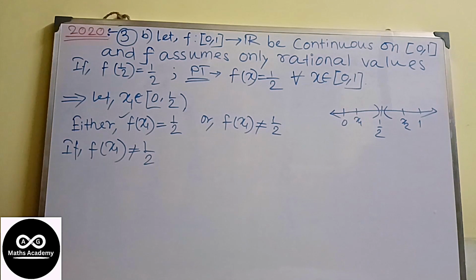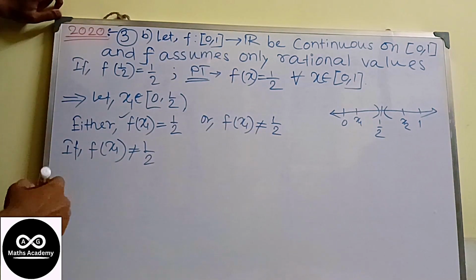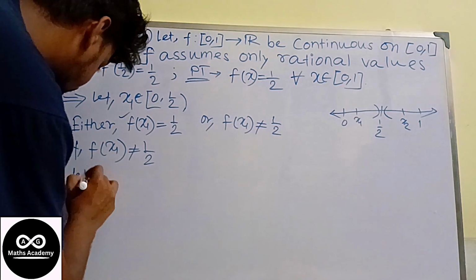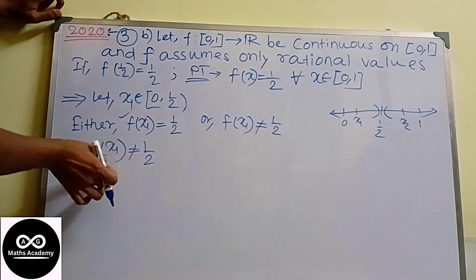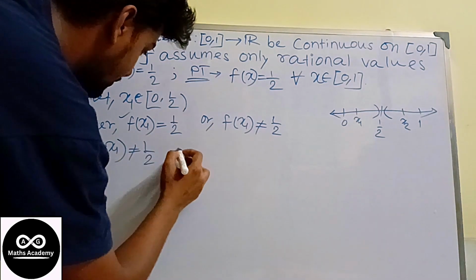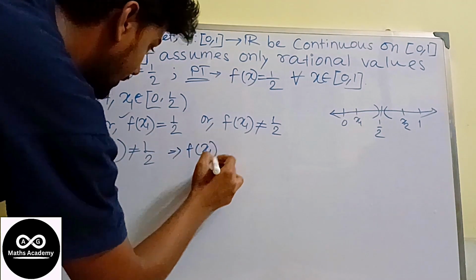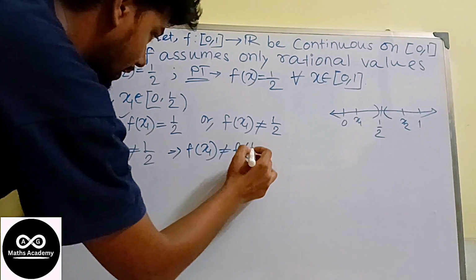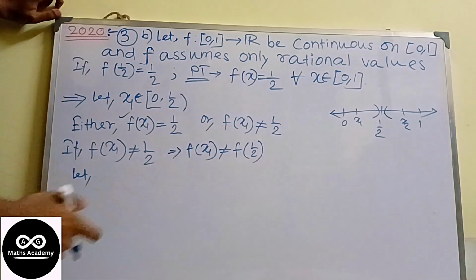As f of x1 is not equal to half, f of x1 is not equal to f of half, as f of half is half.